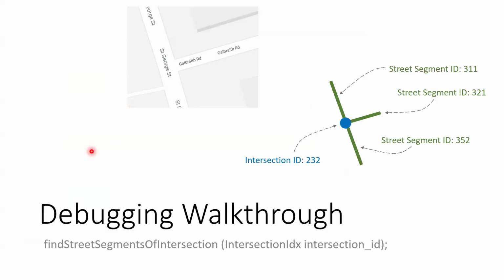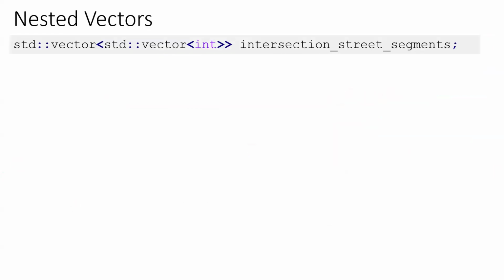Let's try to do a debugging walkthrough on the find street segments of intersection function. For example, if you're seeing something going wrong with this function, we have the global variable.